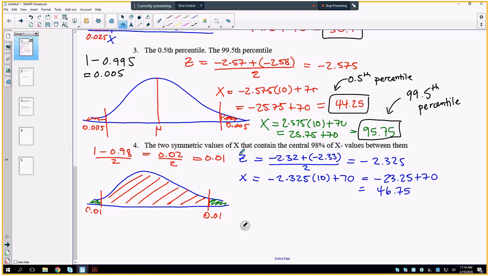Okay, so back down to number 4, 46.75 is the x value that corresponds to 0.01.